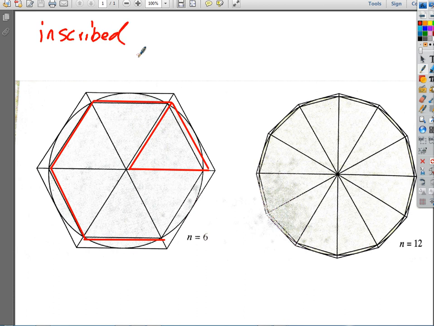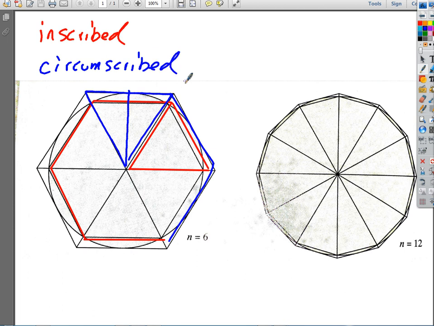And then the one on the outside is the circumscribed polygon. And then wouldn't you agree that as I make the polygon have more sides, the area between the two starts to get extinguished?